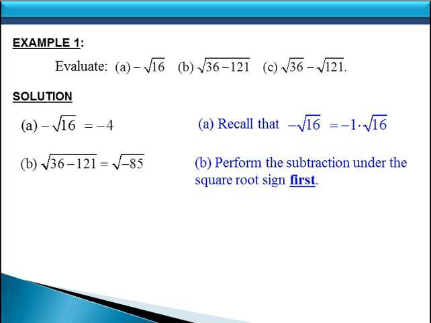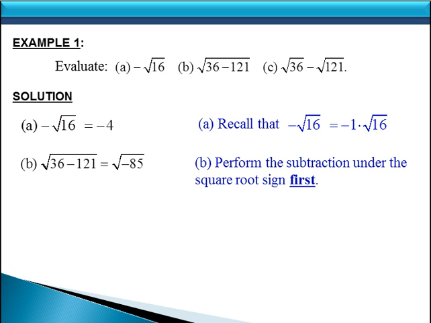So we would have to perform the subtraction, 36 minus 121, and that would give us negative 85. So then this is the square root of negative 85, which is asking for the positive number that you can square to get negative 85.